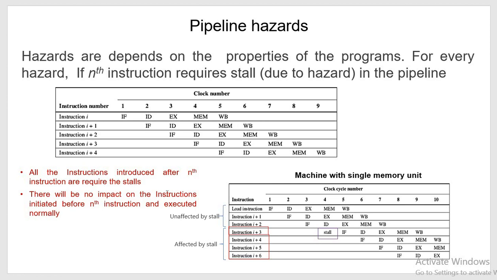On the other hand, there will be no impact on the instructions which have already been initiated, that is, all instructions initiated before the affected instruction, in this case I plus 3. All the instructions which have already been fetched or are already executing are called unaffected by the stall. Their execution time will remain the same, but the execution time of the rest of the instructions including I plus 3 will change as one stall is introduced. So each and every instruction will be delayed by one cycle.